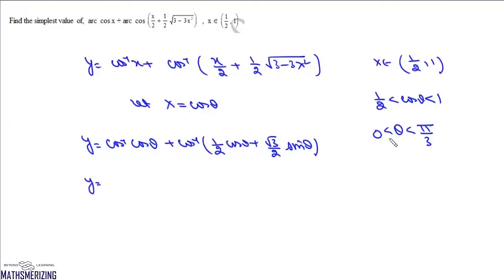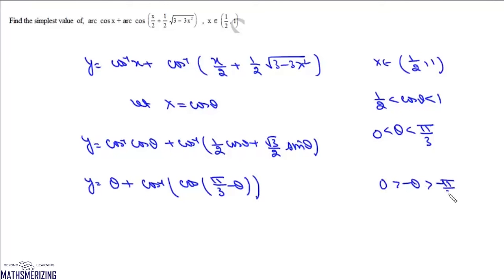Now since theta lies in the principal value range, cos inverse of cos theta is simply theta, and this is cos A cos B plus sin A sin B. So we can write this as cos inverse of cos of pi by 3 minus theta. Now we'll take minus here, we'll get 0 is greater than minus theta is greater than minus pi by 3. Now we'll add pi by 3, so it'll be pi by 3 is greater than pi by 3 minus theta is greater than 0.